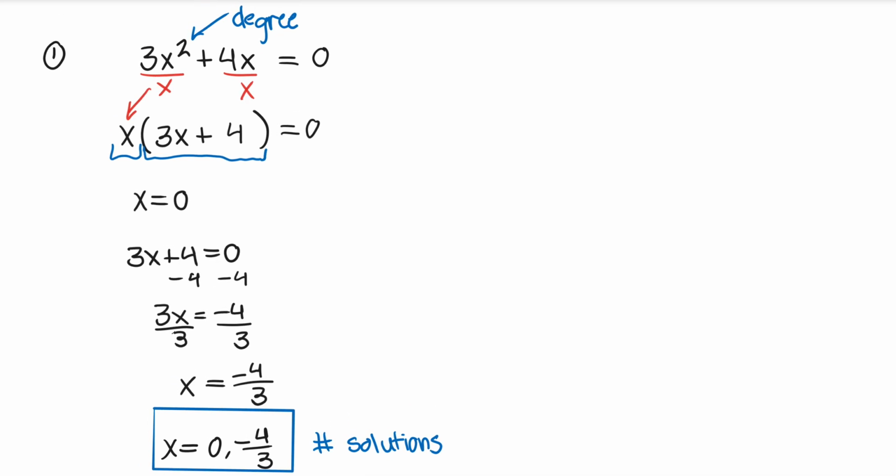There are occasionally examples where you will end up with slightly fewer solutions than your degree, and that's because one or more of the solutions are actually a double root, a double solution, meaning they count twice. So really, the number of solutions is going to be less than or equal to the degree of your function.